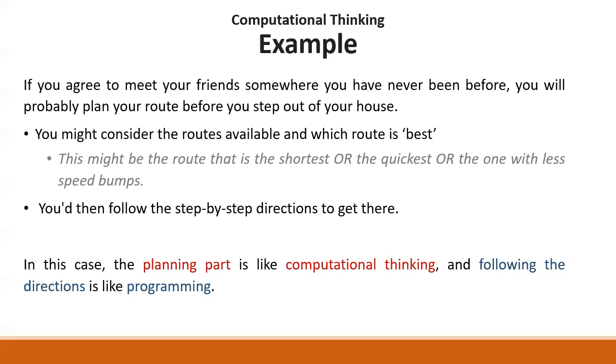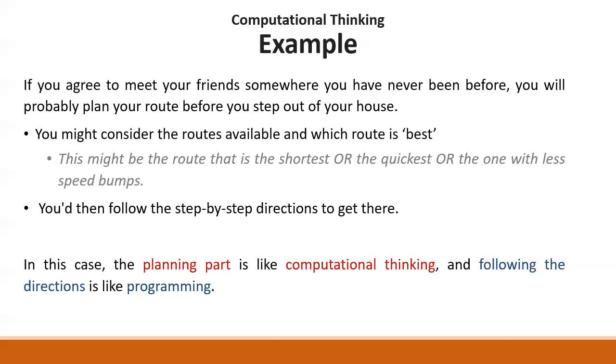Planning is like computational thinking, and following the directions is like programming. I hope I made that example clear. When we decide which one we're going to do, say I decided I'm going to go to Katara down Kafji Street, I'm going to leave here, turn left at the intersection, then left again, then straight down, and then do a U-turn.